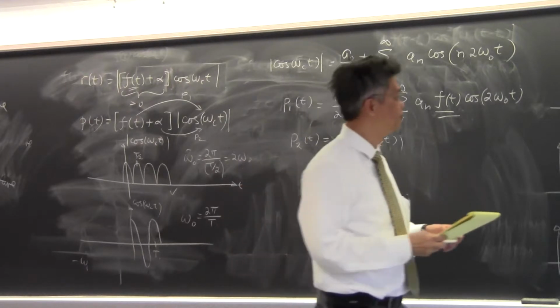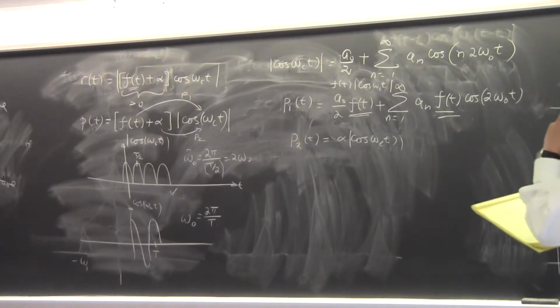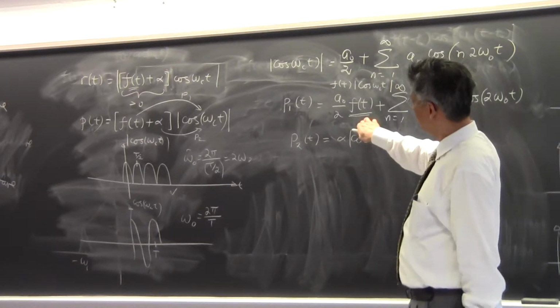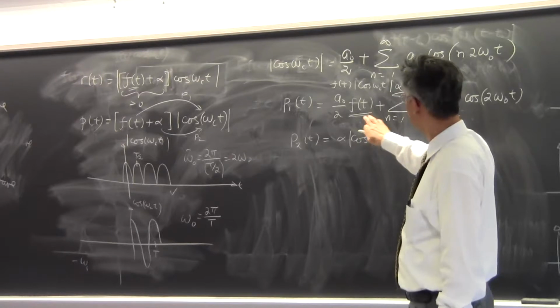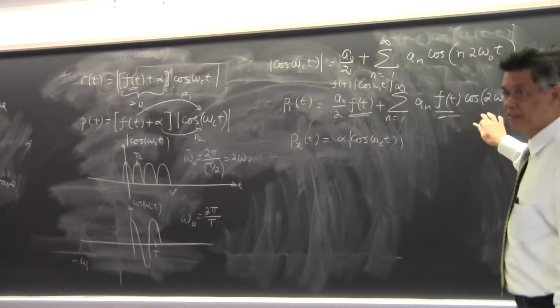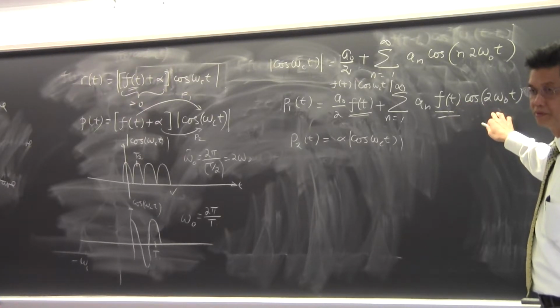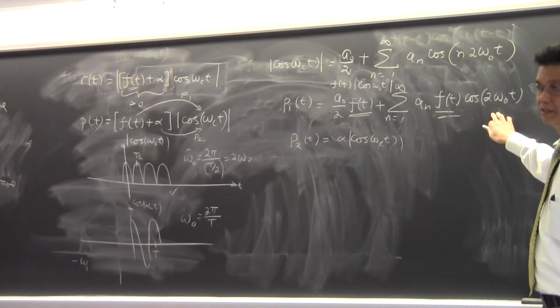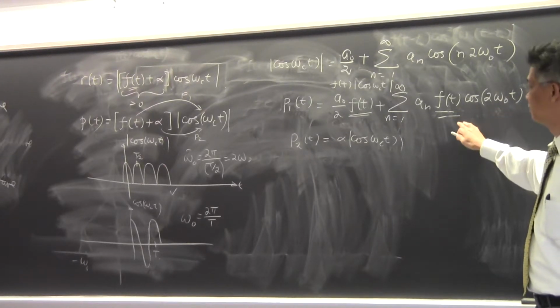Okay, so if I Fourier analyze that term by term, I know that the first term, not necessarily the DC term, will contain f(t), but what do the other terms do to f(t)? What does this term do to f(t)? f(t) times cosine of 2 omega naught t. What does it do to the spectrum?